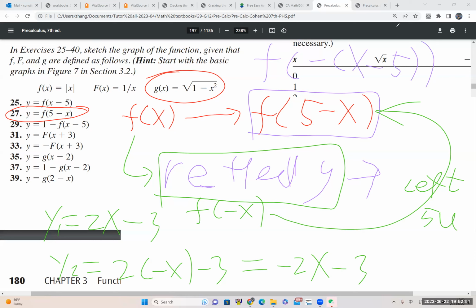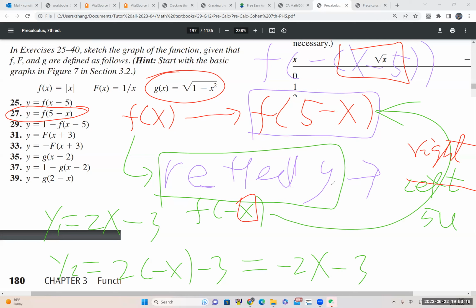This is just 5 minus x, right? So let me circle: x is replaced by this. So does it move right or left? Not left, right.